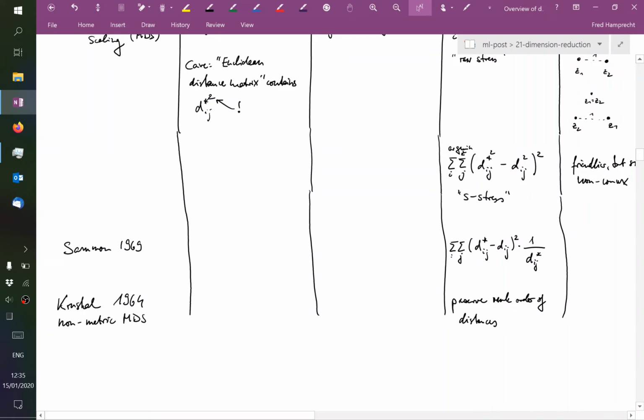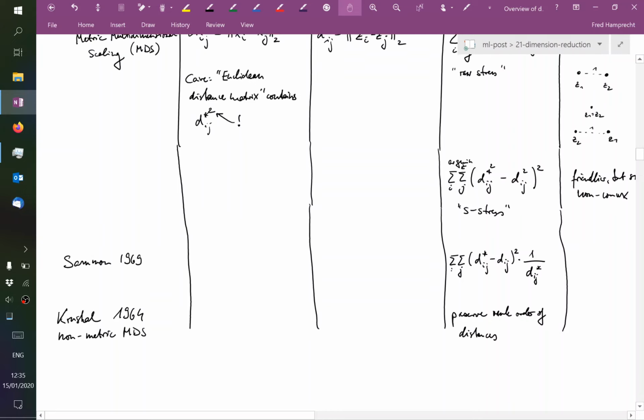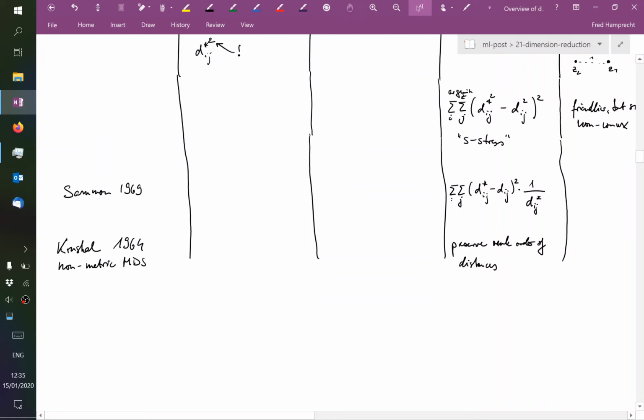All right, and then it was a bit quiet for 30 years, and then in the late 90s, Demartines came up with a tiny tweak that had a huge impact. So there's Demartines, 1996, and he published a method called curvilinear component analysis.